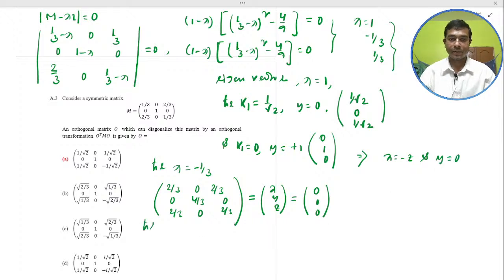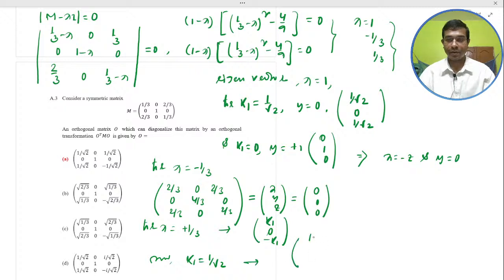Next for lambda equal to plus 1/3, that would become k1, 0, minus k1. Calculate yourself. So now for k1 equal to 1 by root 2, put this value here: 1 by root 2, 0, minus 1 by root 2.